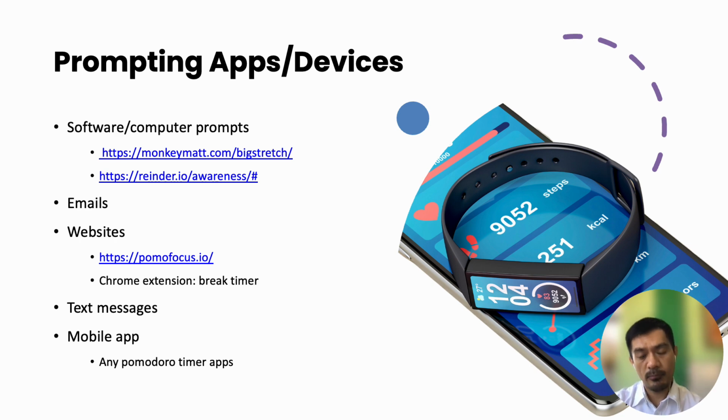The person in charge of our office well-being can send text messages every hour or so to remind people to move. And then, of course, we have our mobile apps, and most mobile apps have built-in timers which we can use to break up our sitting time.